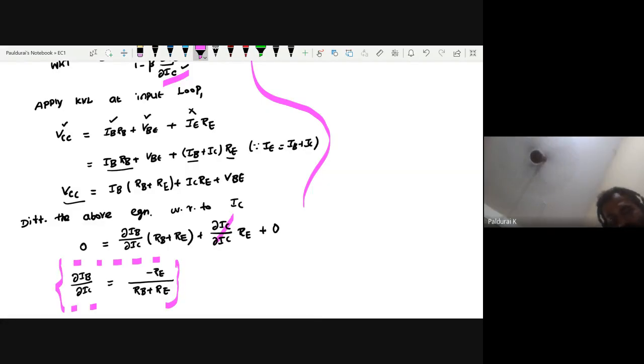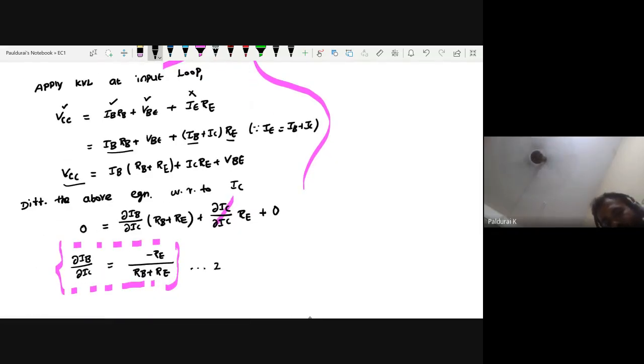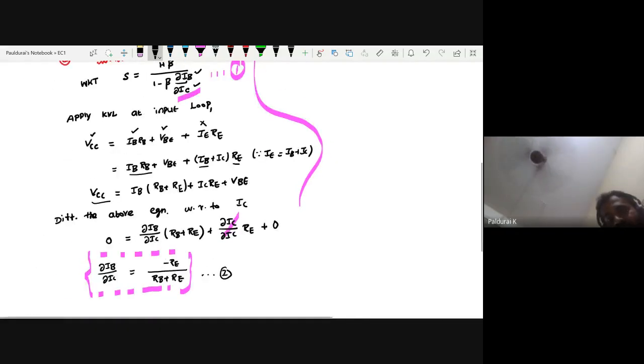So now take this as equation number 1 and this as equation number 2. Now substitute equation number 2 in 1. So what will you get?